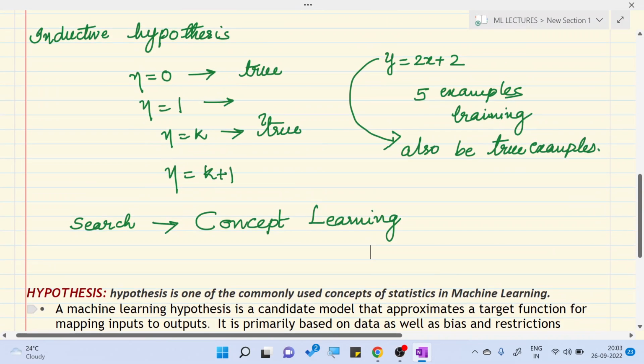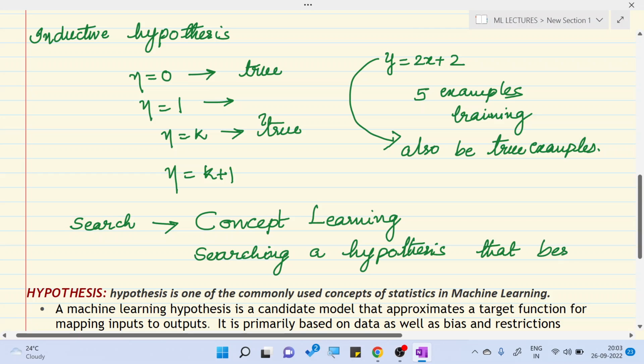In learning, we are searching for a hypothesis which will best fit the given data, that best fits the given data.